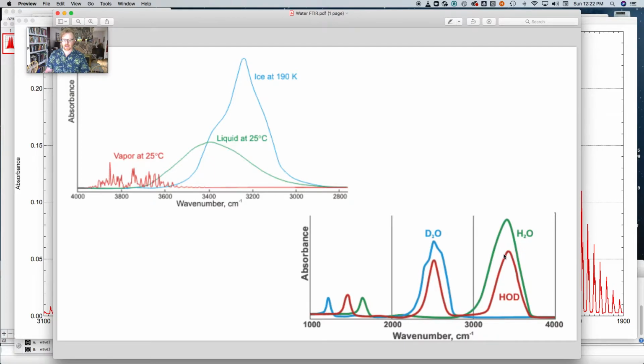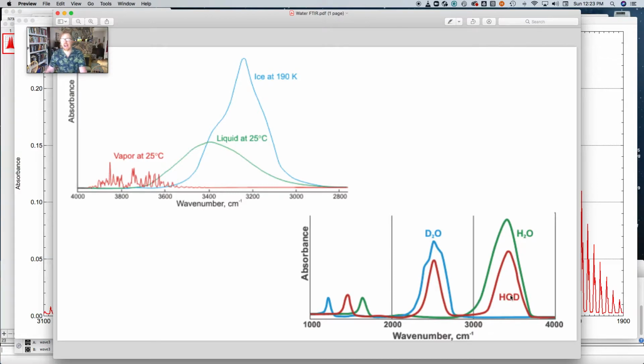And if we look at the bending region, there ends up being a big separation between symmetric and asymmetric stretches when you have HOD versus H2O as well as D2O, right? You can really see how pronounced that becomes. So if you look at the H2O region, this region right here, this is just symmetric and asymmetric, okay?